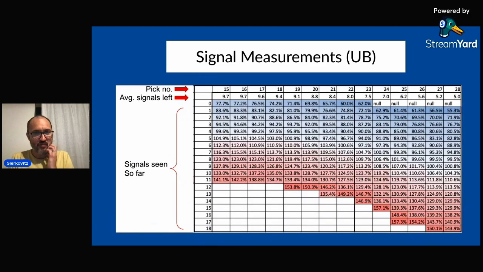And then we can go to pack number 2, and you see the same kind of trend. Like here, if you saw 0 blue-black signal cards by pick 20, you will only see 70% of what you would expect to see. So not seeing signals also tells you that you are probably less likely to see those good cards in the future.